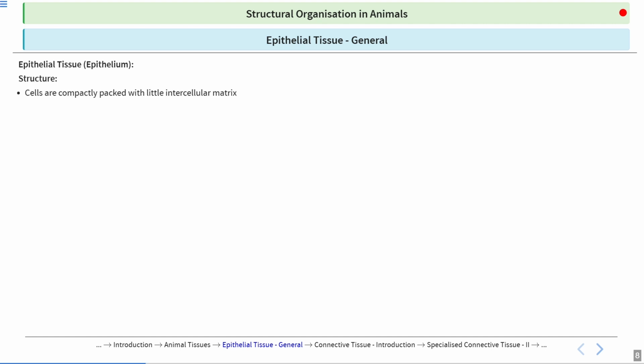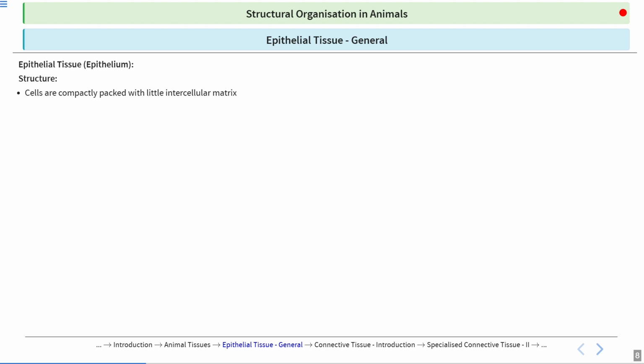Structure: cells are compactly packed with a little intercellular matrix. If you see the cells of the epithelial tissue, they are compactly packed. There is no space in between the cells, and a very little amount of intercellular matrix is present. It is something like you have two bricks, and in between the bricks there is a cementing material.